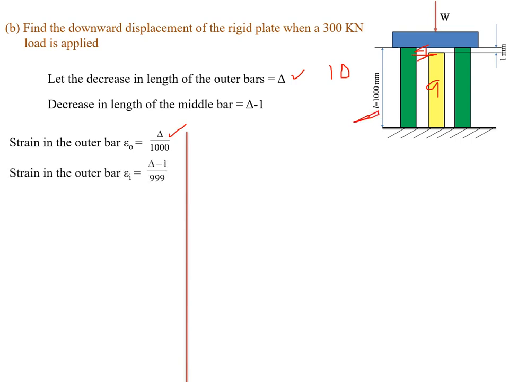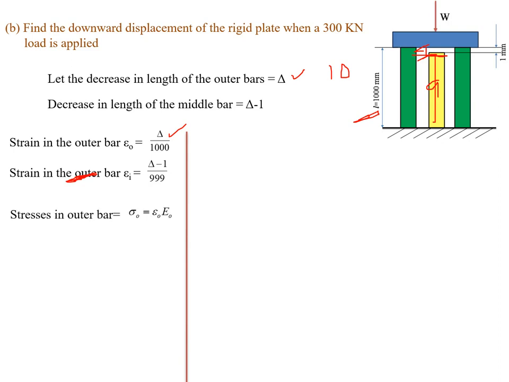Similarly, you have to find the strain in the inner or middle bar, that is epsilon I. That is the change in length of the inner bar divided by the original length of the inner bar. In the problem you have to observe that the change in length of the inner bar is delta minus 1 and the original length of the inner bar is 1000 minus 1, that is 999.